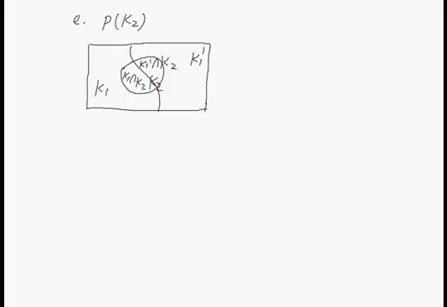K2 is equal to the union of this part and this part, which are mutually exclusive.